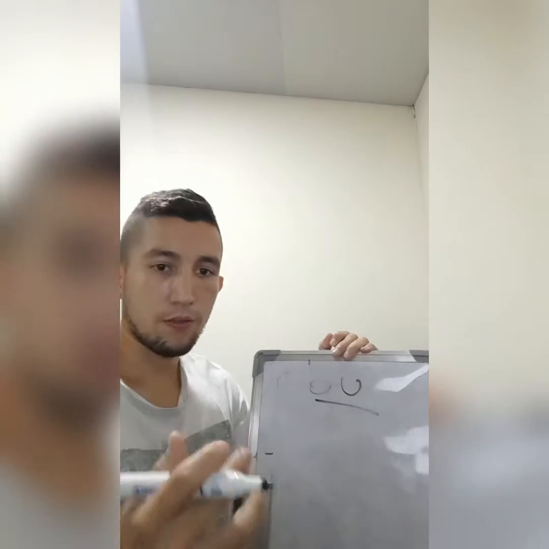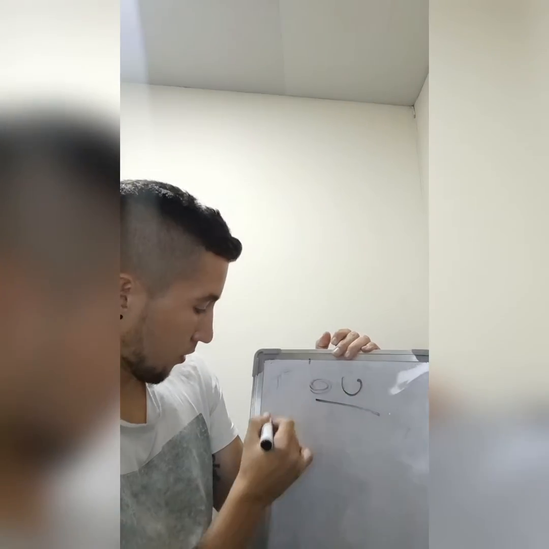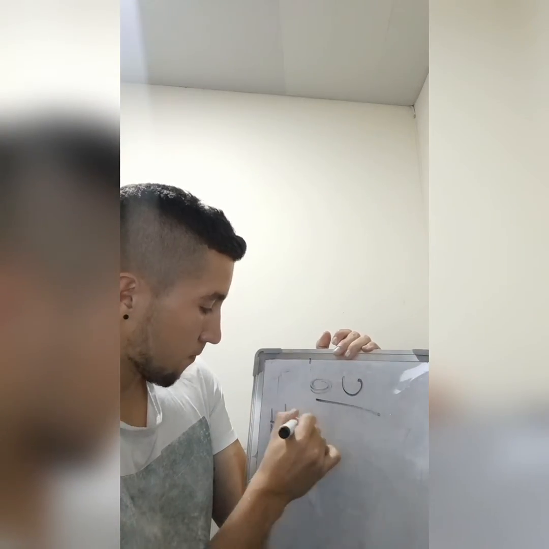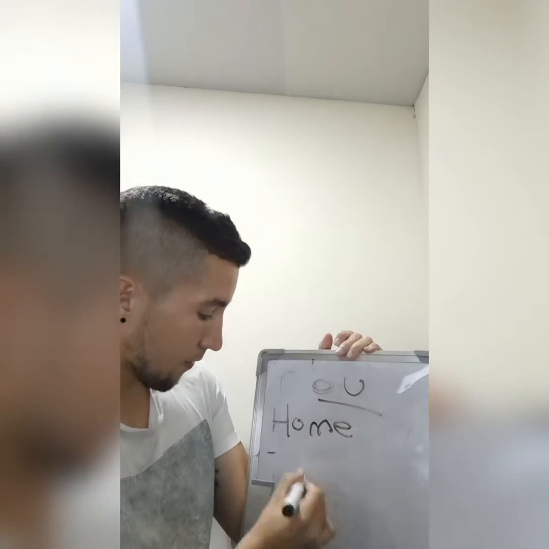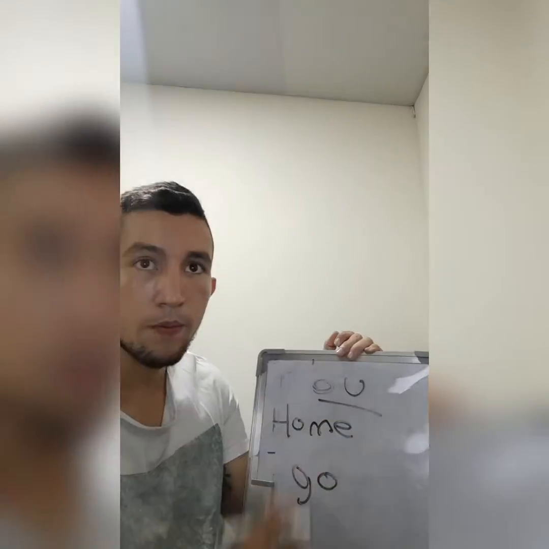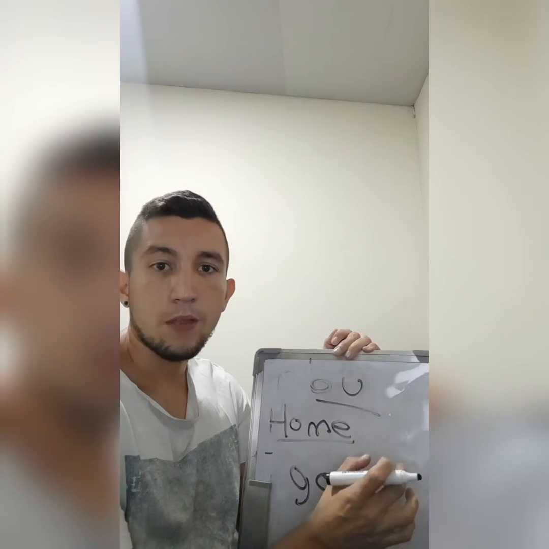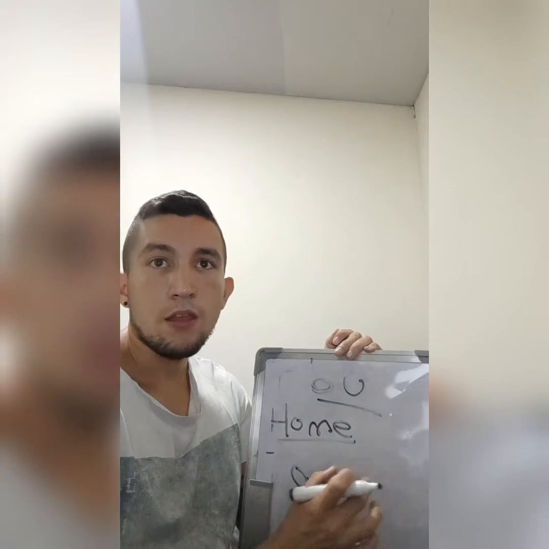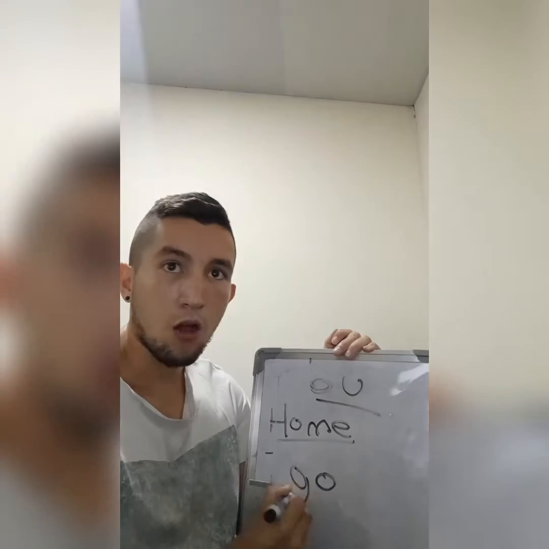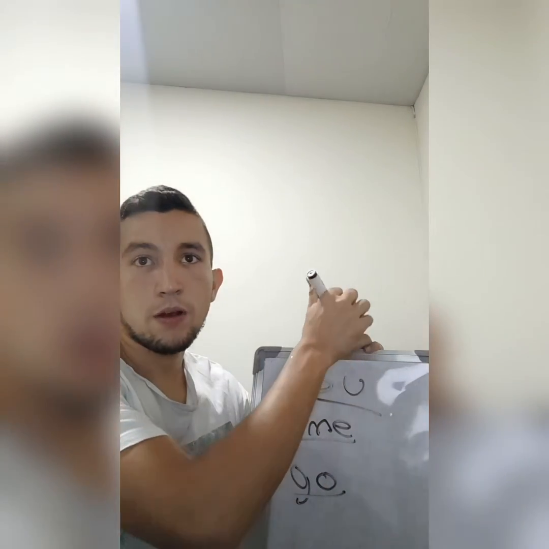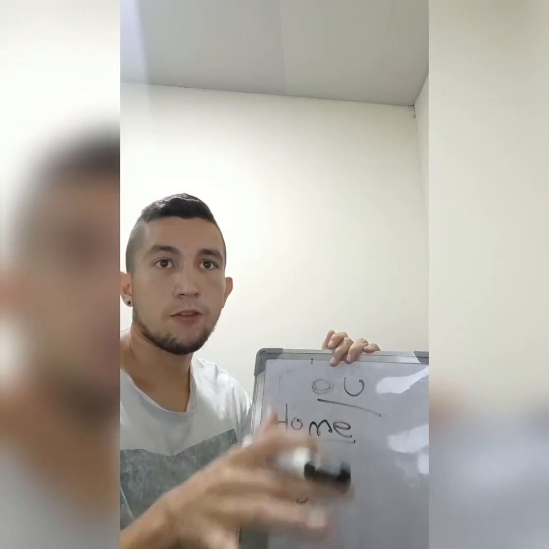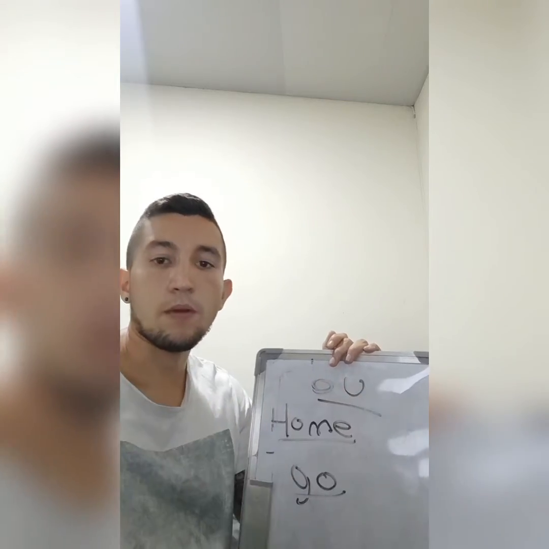Some examples in this case are home, okay, and go, okay. In home, it stretches until the letter M, and the E seems to be silent, and in the word go, it doesn't have a following letter, so it just finishes like its typical vowel form.